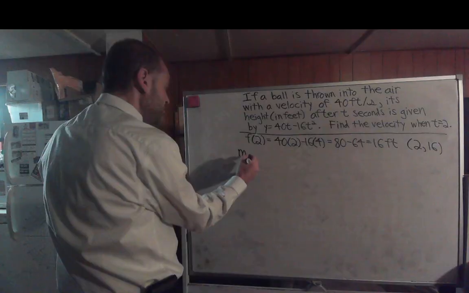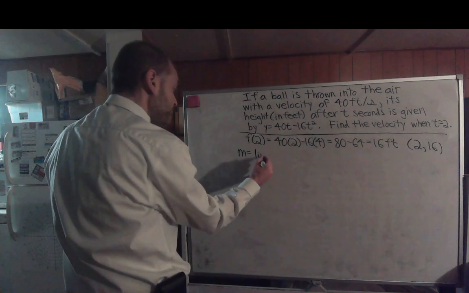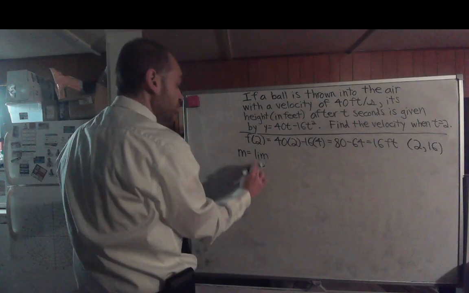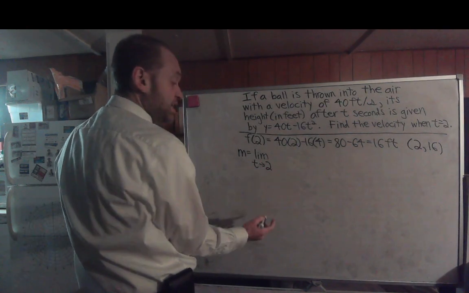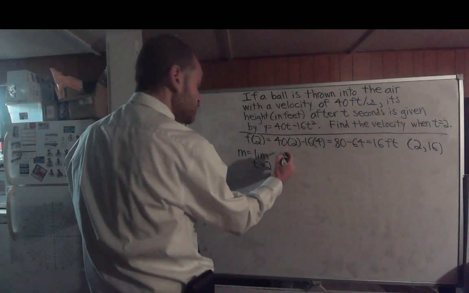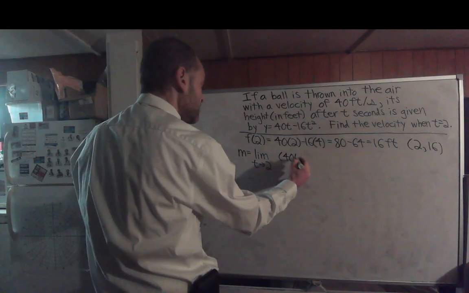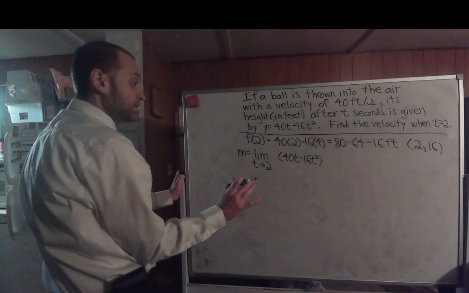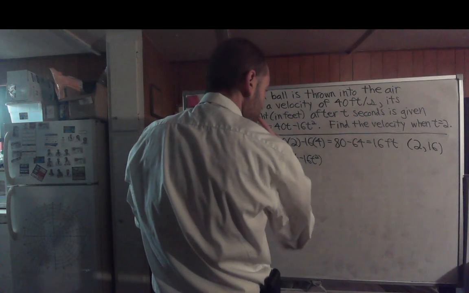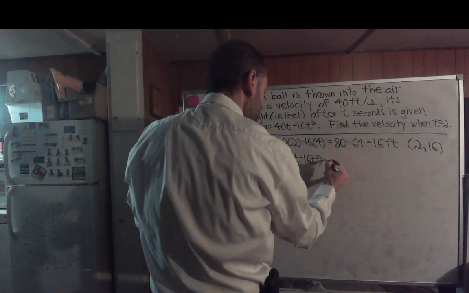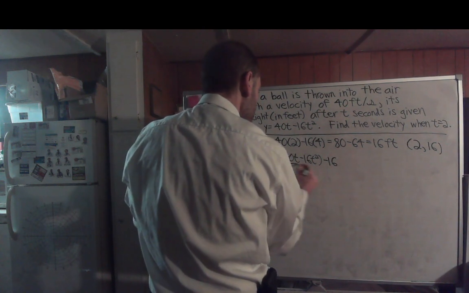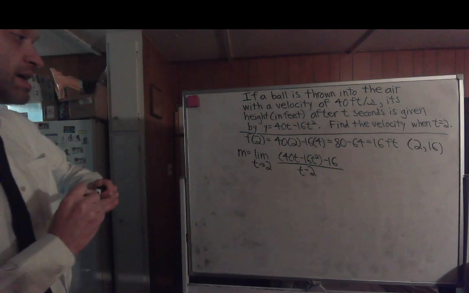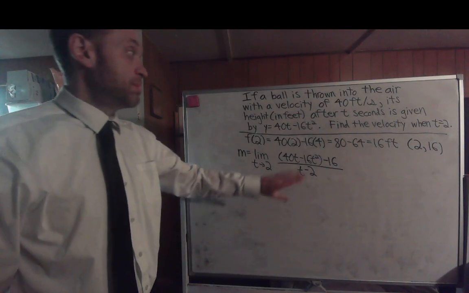So m is going to equal the limit as x approaches 2, or I should say t approaches 2, of f of t, which in this case is 40t minus 16t squared, minus that f of 2 value itself, which is 16, all over t minus 2. All right, so there's your limit problem.